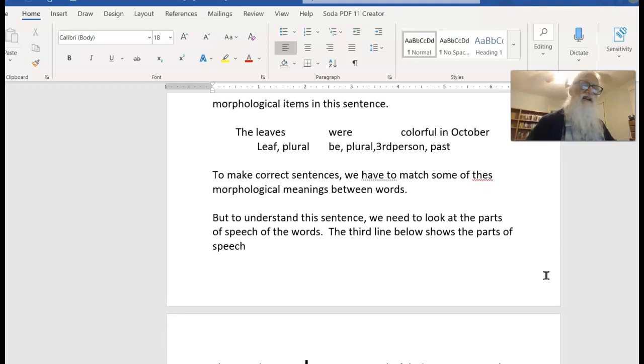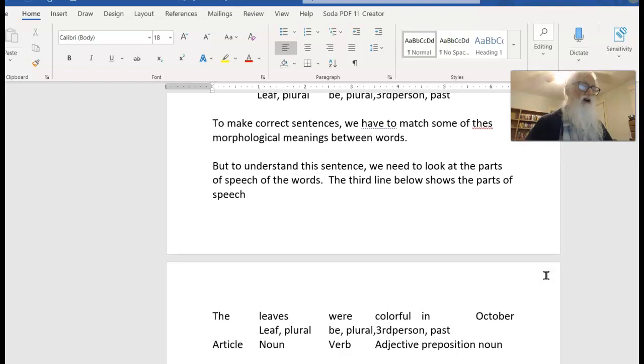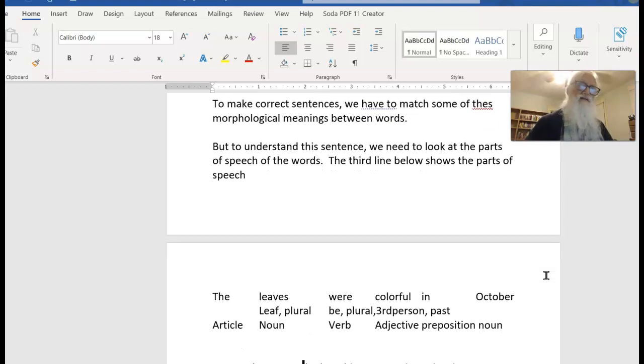But we now need to look at the parts of speech, because that'll help us figure out what this means. So I'm saying the is an article, leaves is a noun, were is a verb, colorful is an adjective, in is a preposition, and October is a noun.